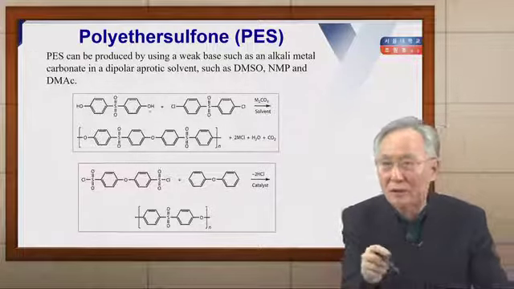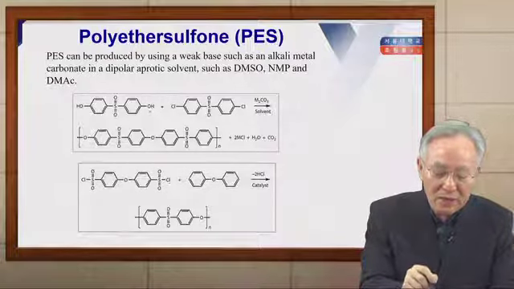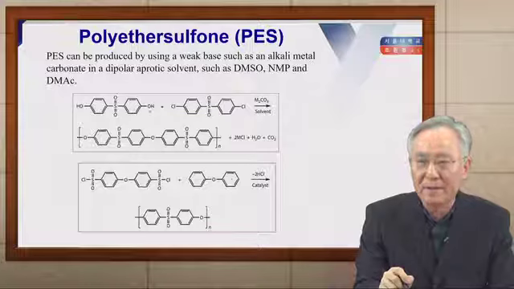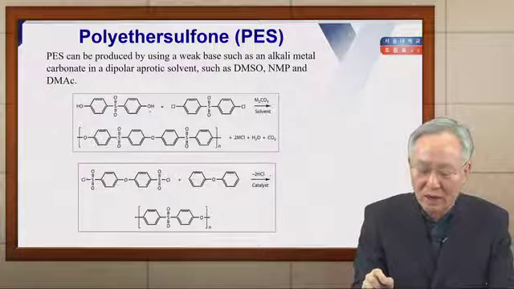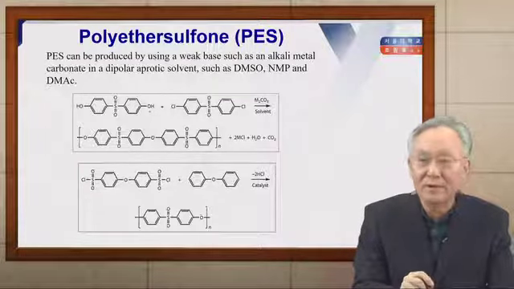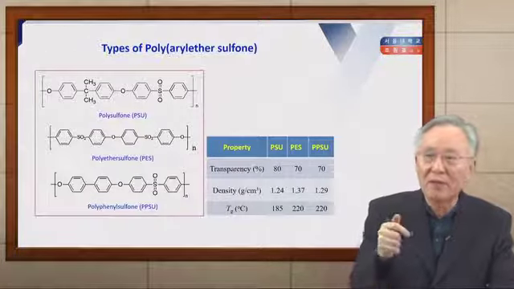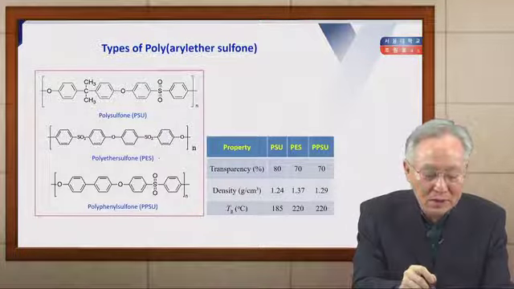Another method to synthesize polyether sulfone is that dichlorodiphenyl sulfone is reacted with diphenyl ether in the presence of a catalyst, with the removal of hydrogen chloride, to produce polyether sulfone. So there are several types of polyaryl ether sulfone. This is what we mentioned earlier, polyether sulfone.